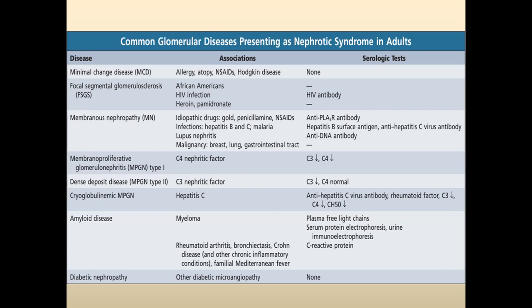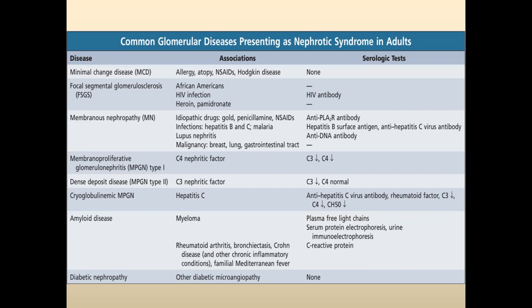So we investigate according to the cause. If HIV infection, we should go for HIV antibodies. On the history basis, a heroin or pamidronate drug history also indicates the cause of focal segmental glomerulosclerosis.